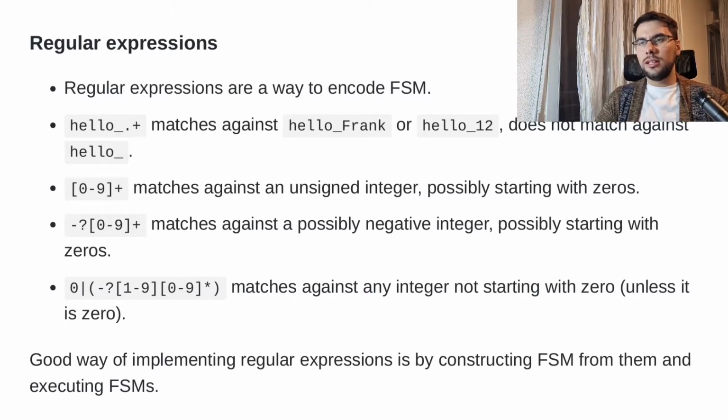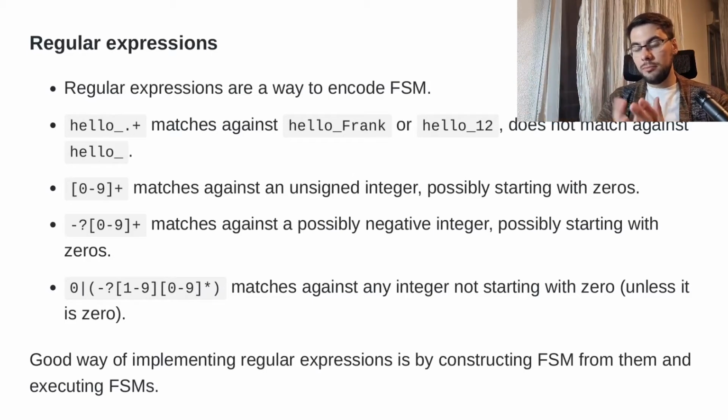For example, if there are just symbols in the regular expression, the symbols are usually matched against themselves. So a string hello is going to get matched against a substring hello. But there are also some symbols with specific semantics. For example, if you put a dot in a regular expression, a dot will match any letter.